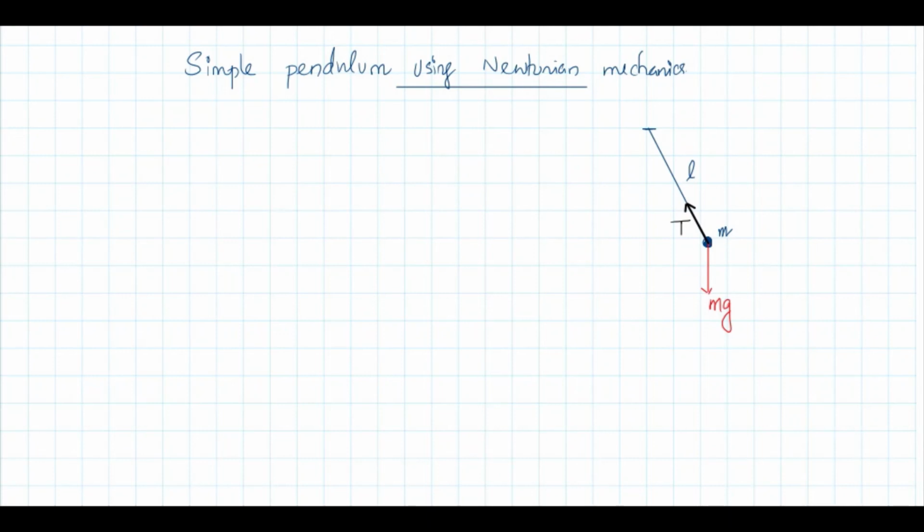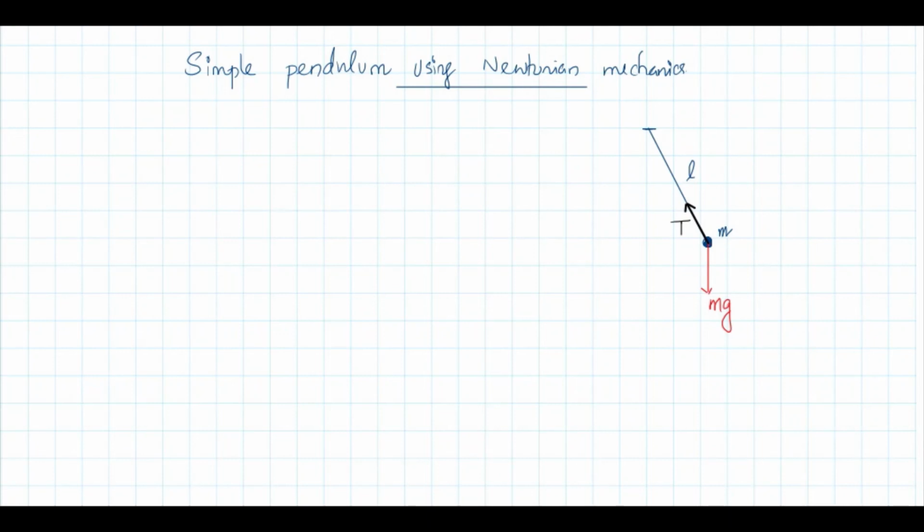In order to solve using Newtonian mechanics, we have to find the resultant force. Now these two forces are in different directions. In order to find the resultant force, you have to know how to resolve vectors.